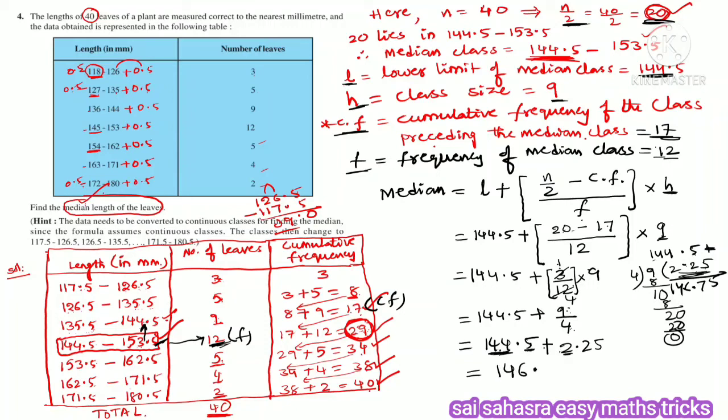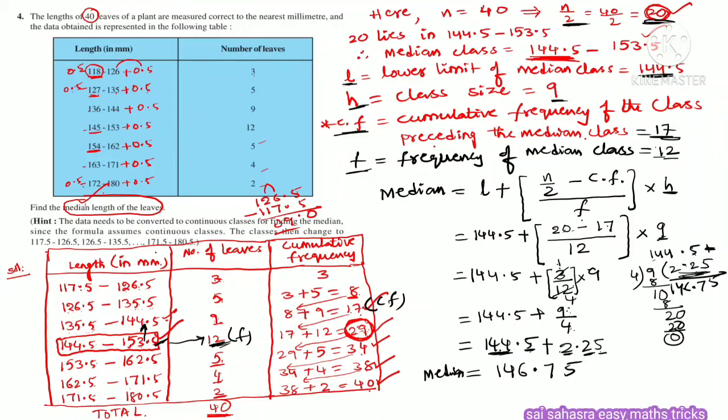Then the digit after the point: 5 plus 2 is 7, and the next 5. 146.75 is the median. They are talking about median length of leaves. So we have to write median length of leaves equal to 146.75. Everything is in millimeter, so this also is to be expressed in millimeter.